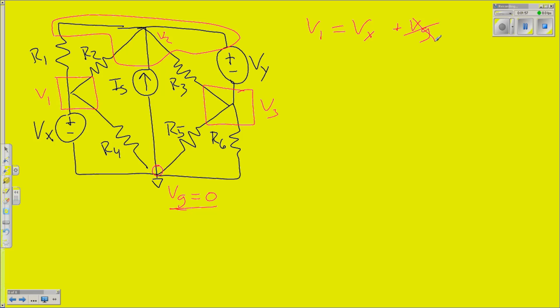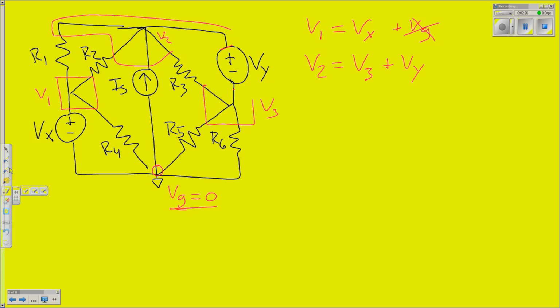Next, we go to V2. Again, here we have a voltage source in between V2 and V3. So if I follow the same format, now I realize I need a supernode. And we can just connect our supernode by scrubbing out our lines here. I'm not replacing any of these nodes.